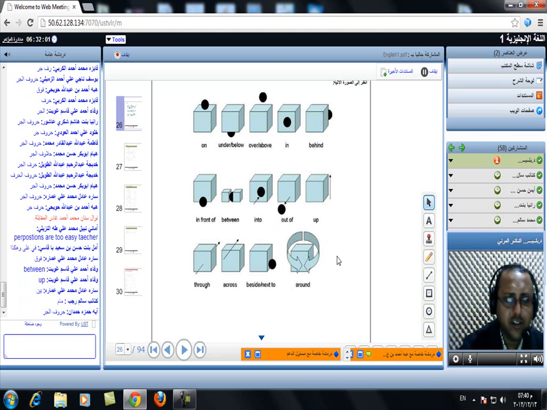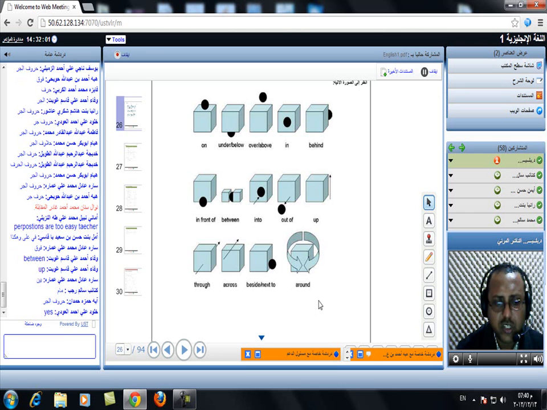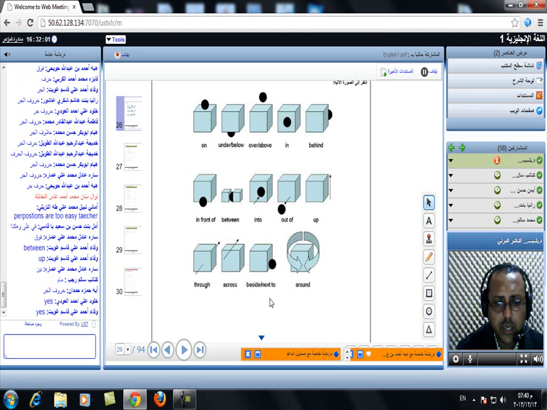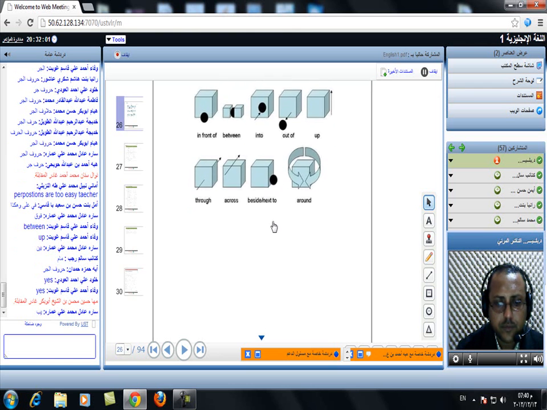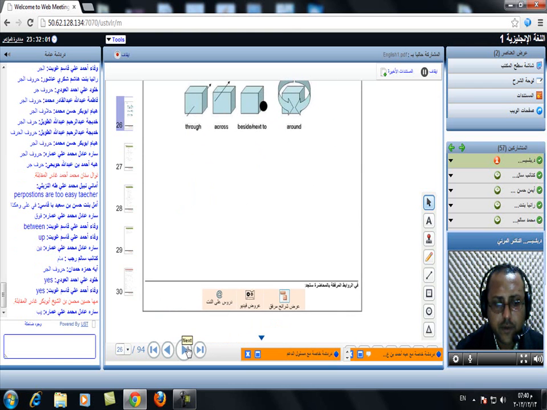Now is it clear? I think this diagram will explain the prepositions clearly to you. These are prepositions.